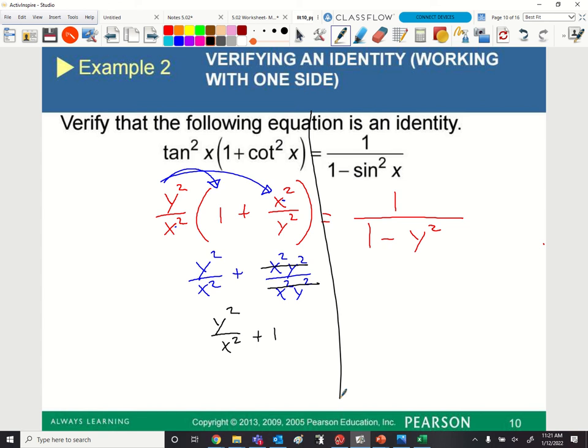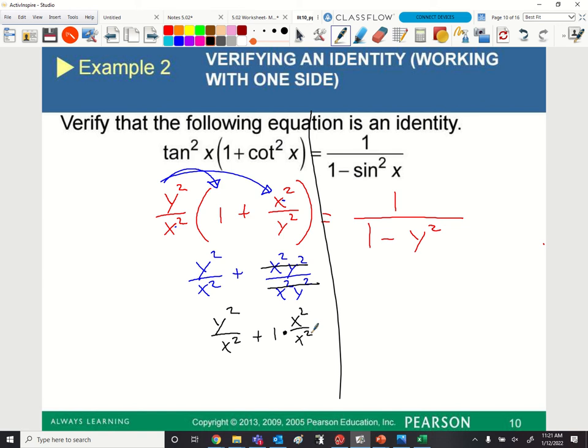X squared. Very good. So I'm going to multiply this side right here by x squared over x squared. X squared divided by x squared is still 1. It's the same thing, top and bottom. It divides and gives you 1. So it's still the same value, it just looks different.